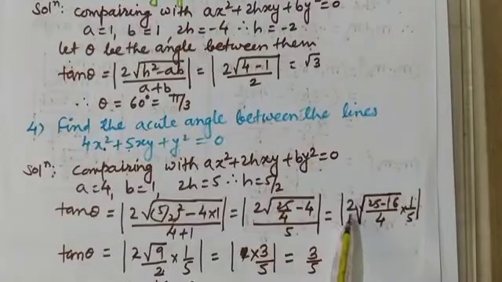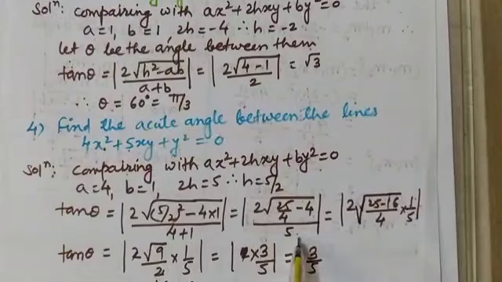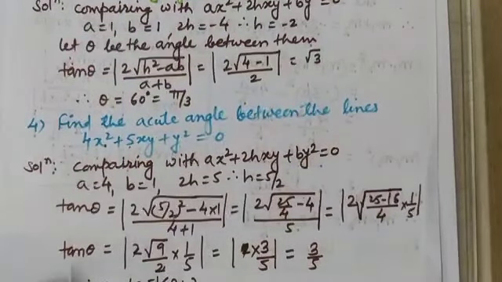Now simplify this, calculate the LCM: 25 minus 16, root of 9 by 2, and 1 by 5. Root 9 is nothing but 3, and this 5 as it is. This gives theta is equal to tan inverse of 3 by 5. This way we can solve this equation also.